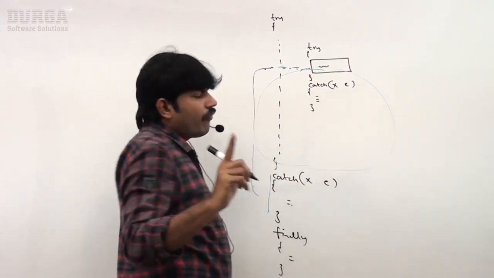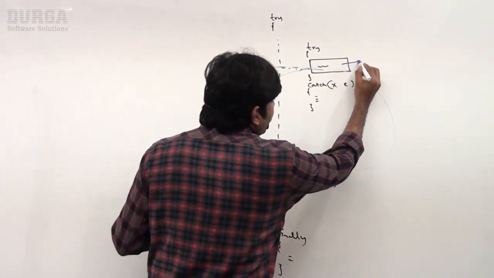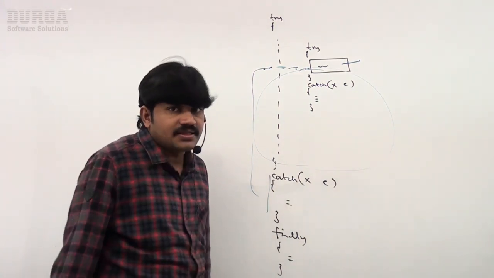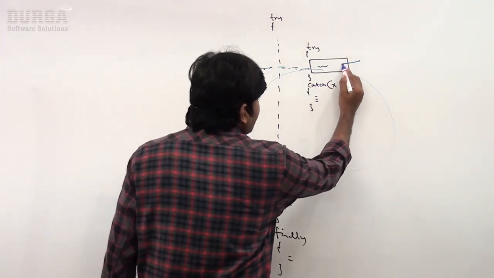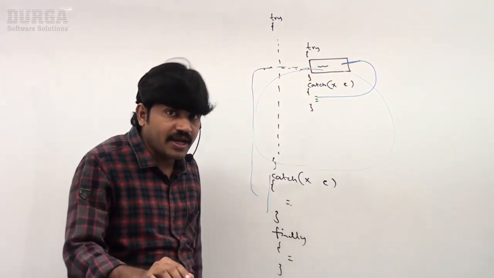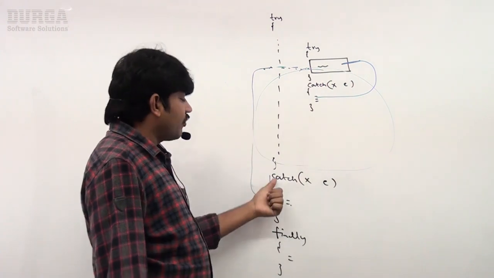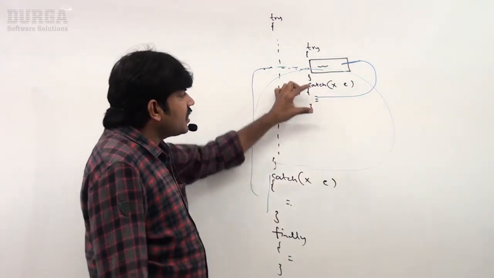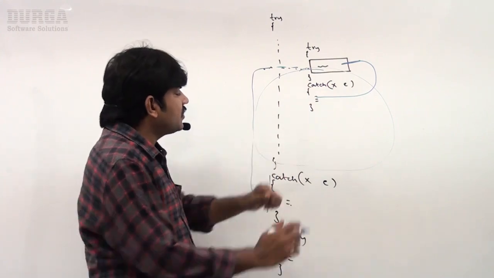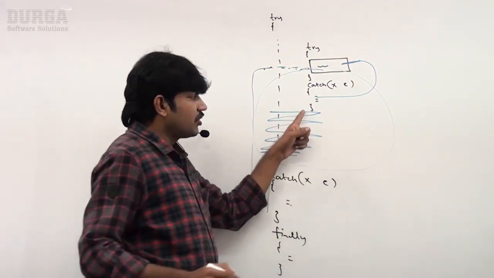The advantage of taking an inner try catch is, if an exception is raised, immediately this catch block is going to handle it. Of course, if this catch block is unable to handle it, the outer catch block can take care of it, don't worry. After handling this, the remaining code will happily be executed. There is no problem at all.